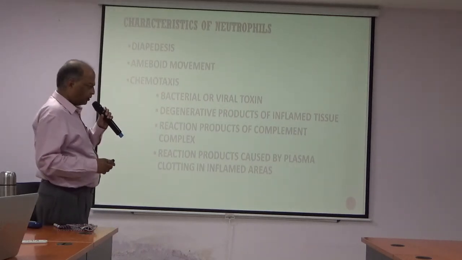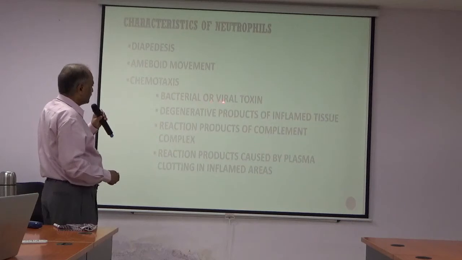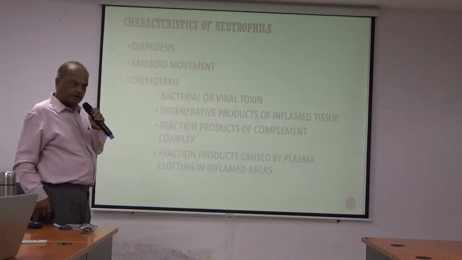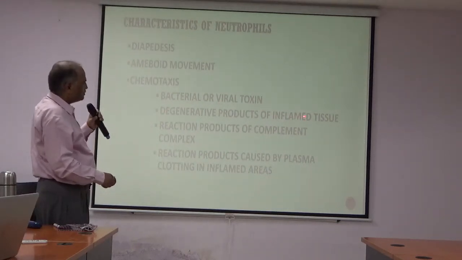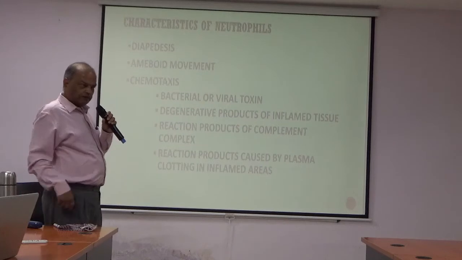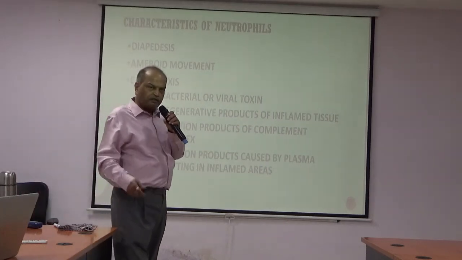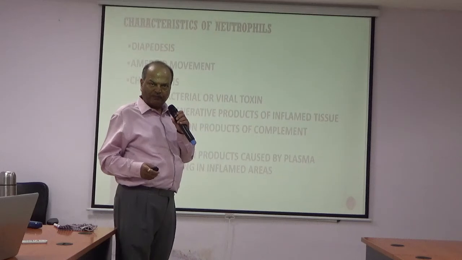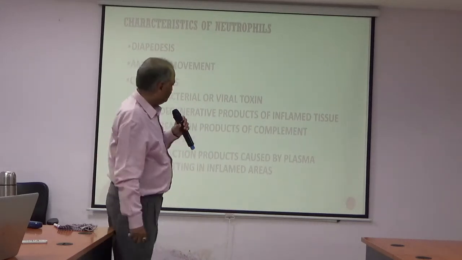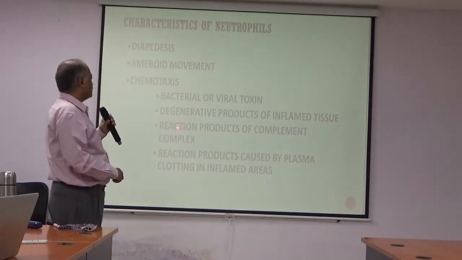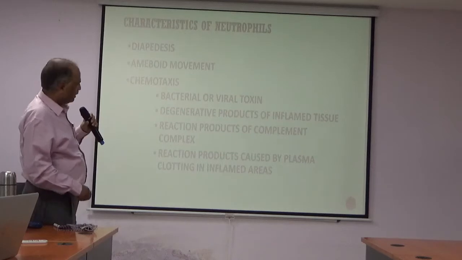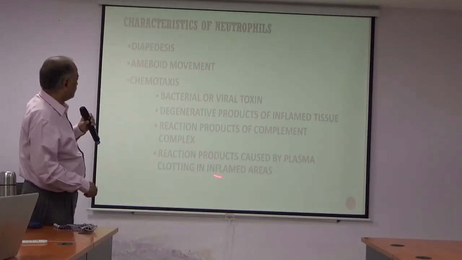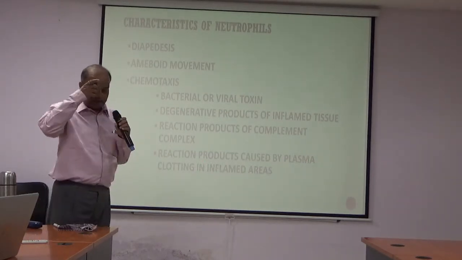The chemicals come from bacterial or viral toxins. The degenerative products of inflamed tissue. If a tissue is inflamed, degeneration is going on, and these degenerative tissues are liberating certain chemicals, which are chemoattractants. Third is reaction products of the complement complex. And fourth is reaction products caused by plasma clotting in the inflamed areas.